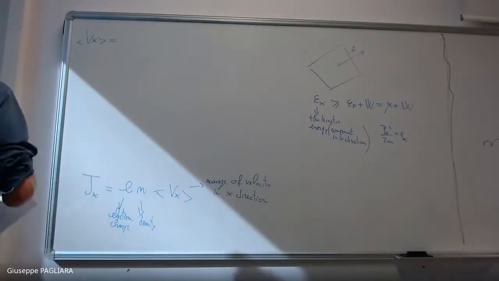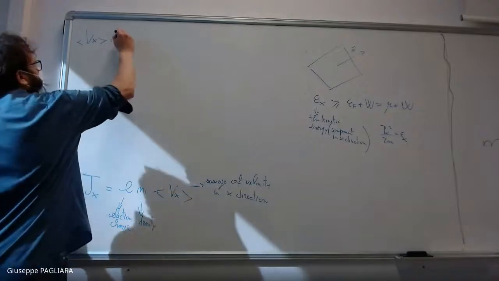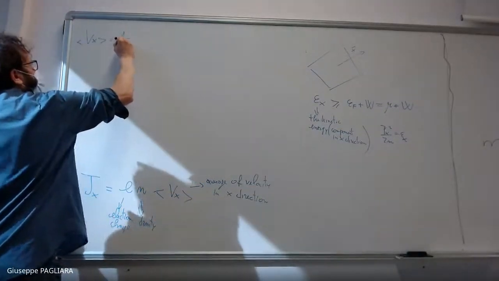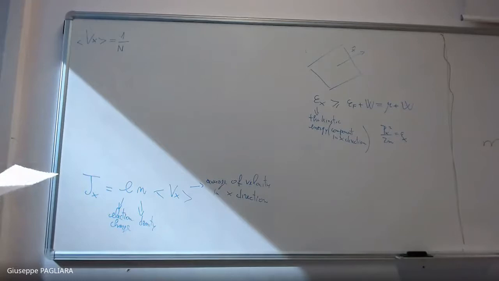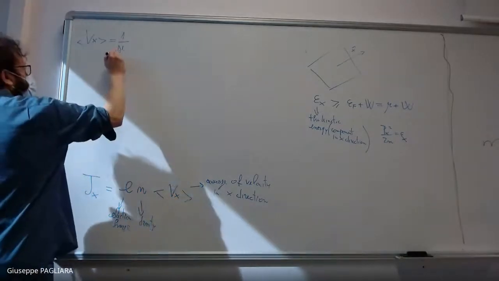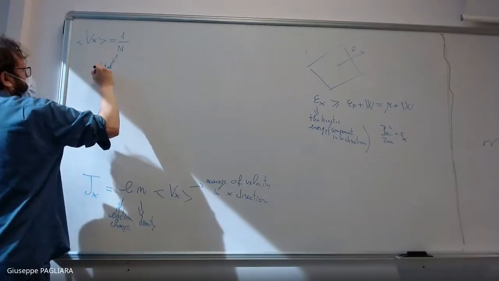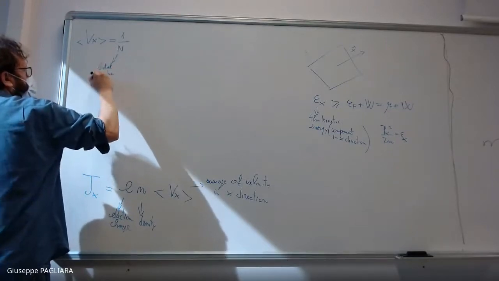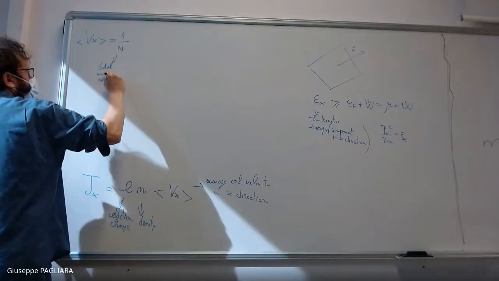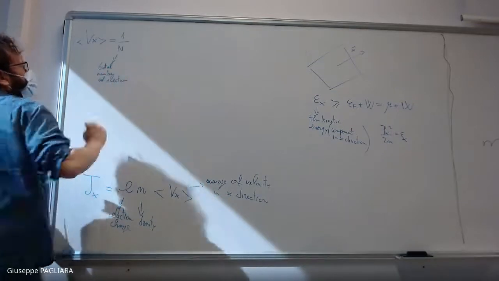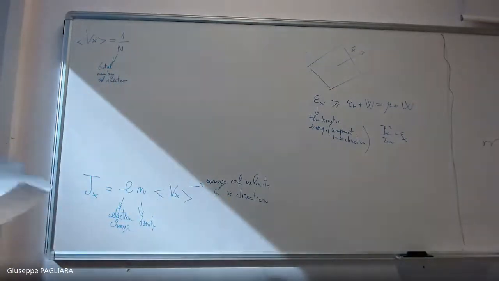That's it. So this average is 1 over N, which is the total number of electrons in this case, which is the normalization.